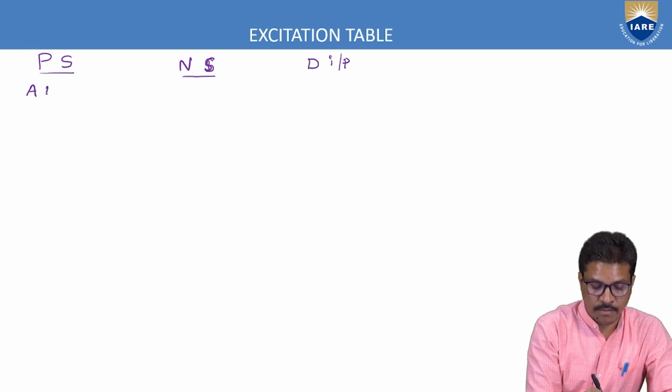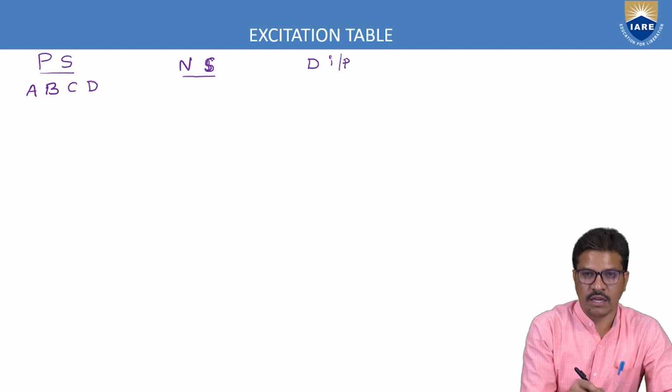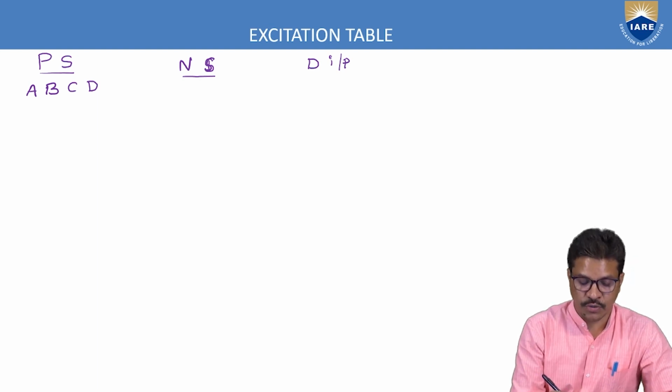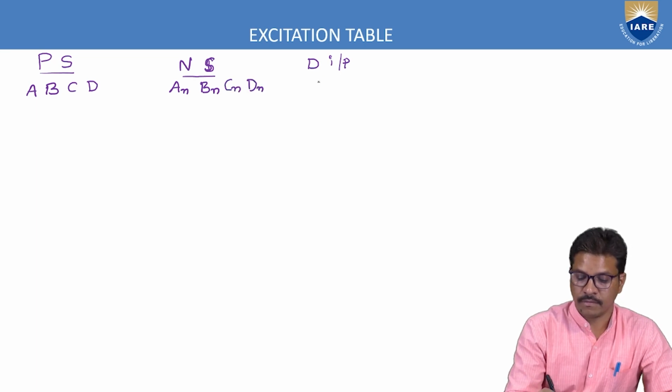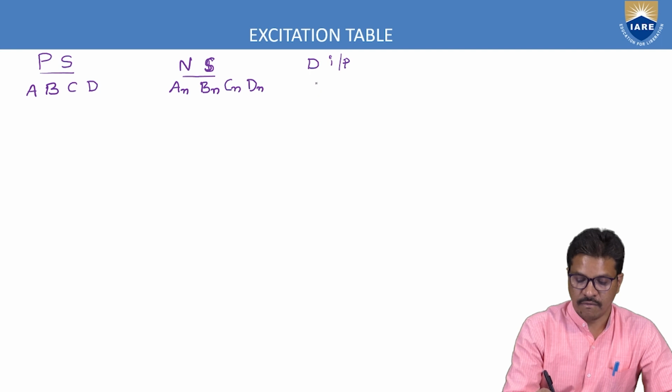We will call them A, B, C, D, but in binary form, we can take 0, 0, 0 to 4 ones. In each column, we create one flip flop. So 4 flip flops are required. The number of flip flops required is 4.